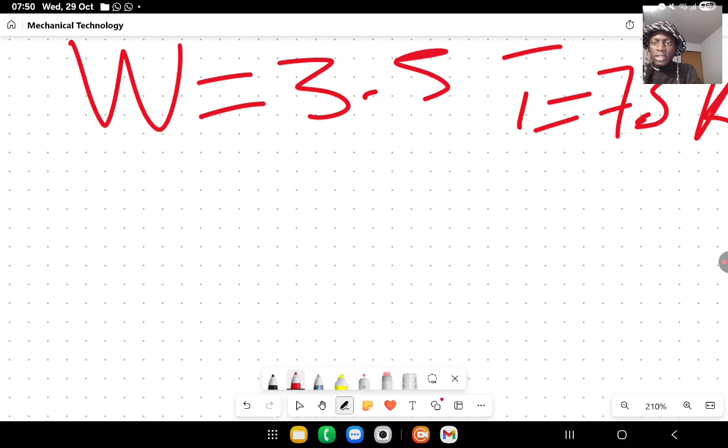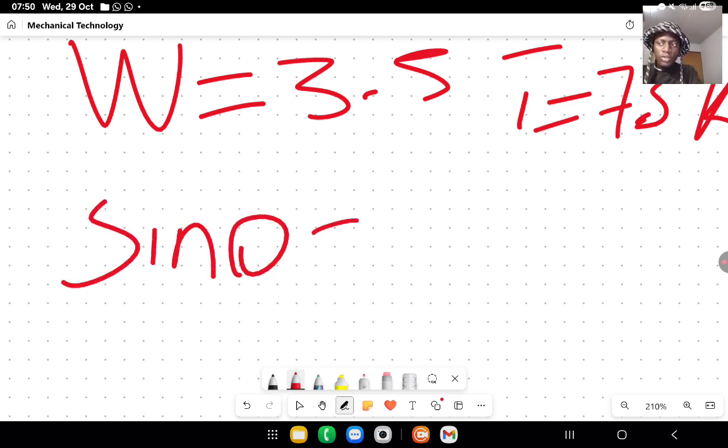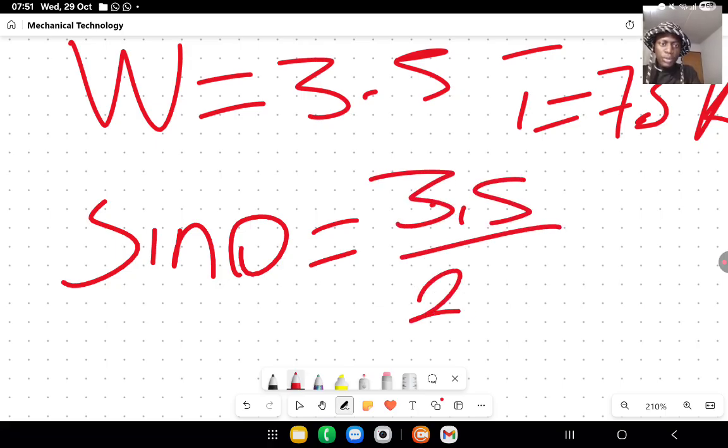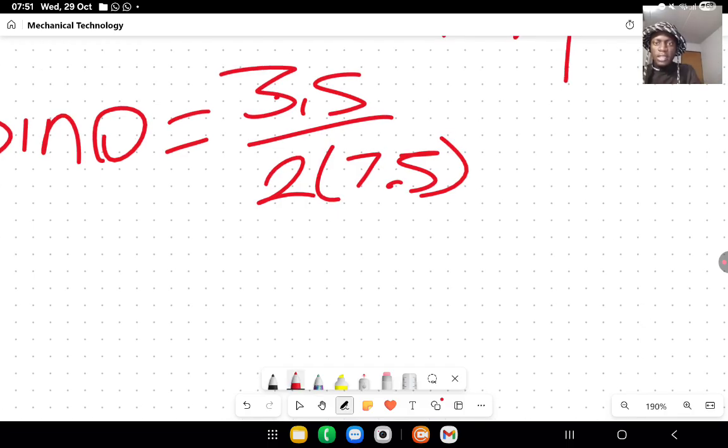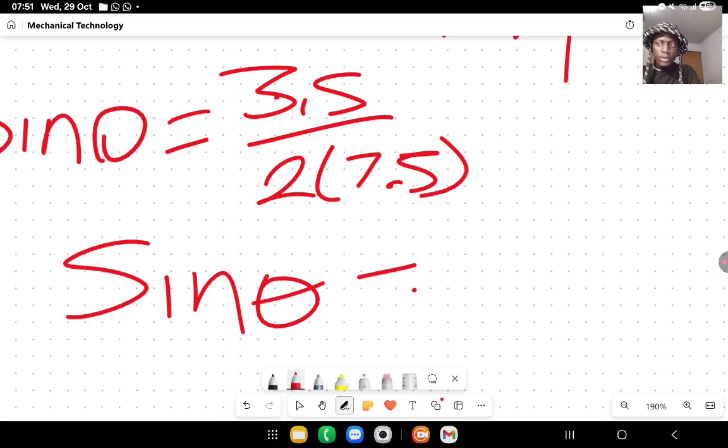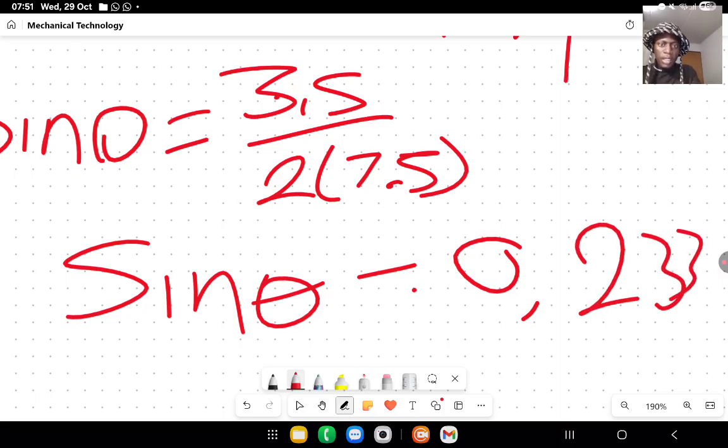Therefore, we are going to say sine theta is going to be 3.5 divided by 2 multiplied by 7.5. Therefore, we get our answer: sine of the angle is equal to 0.233.